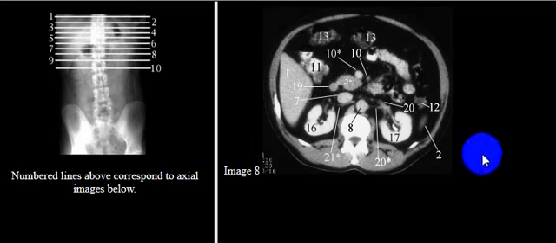Let's talk about some notes on the blood supply to the liver. As we said in part 1, the liver is supplied by a dual blood supply, the portal vein and the hepatic artery. The portal vein supplies the liver about 75%, and the hepatic artery supplies about 25%.